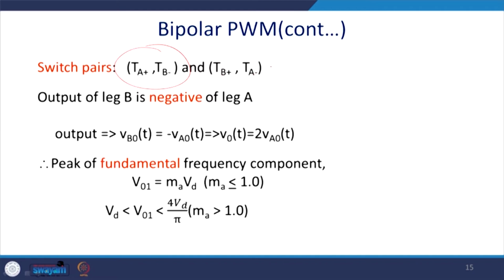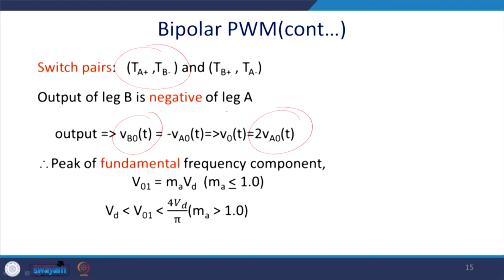You get the pulses, and the output of leg B is negative of leg A, that was the logic we have seen. So the output voltage VBO will be equal to minus VAO, and the output voltage will be 2 VAO.